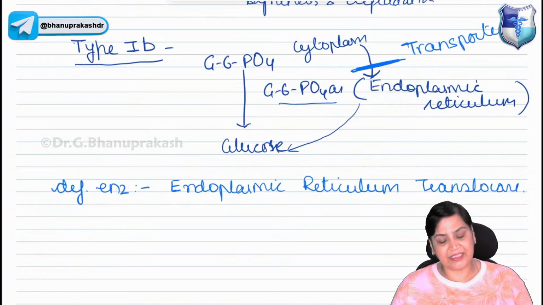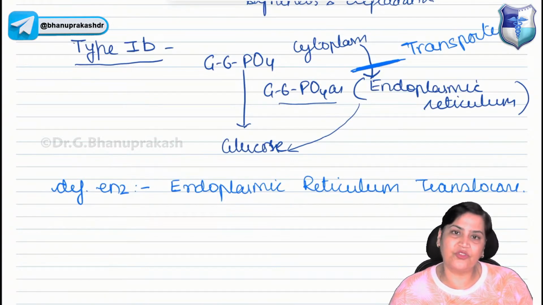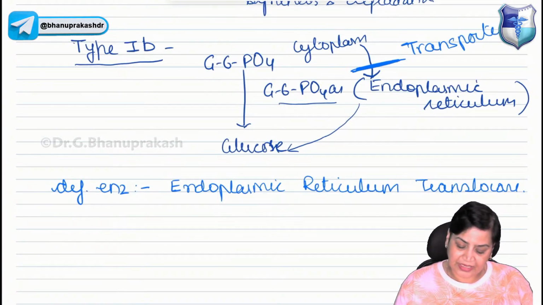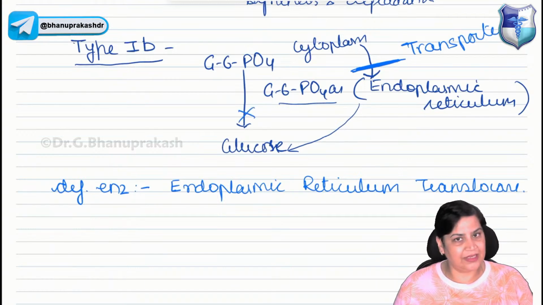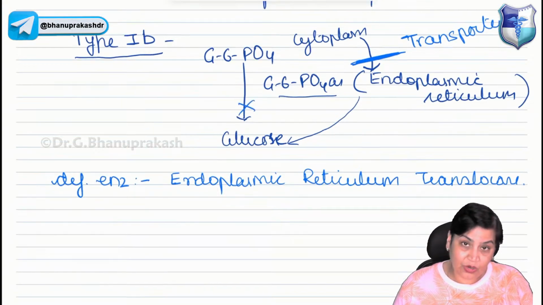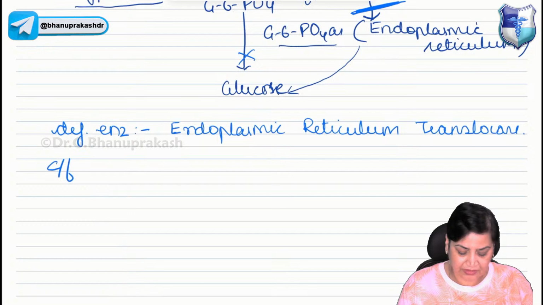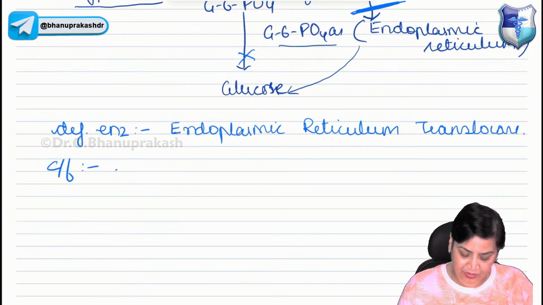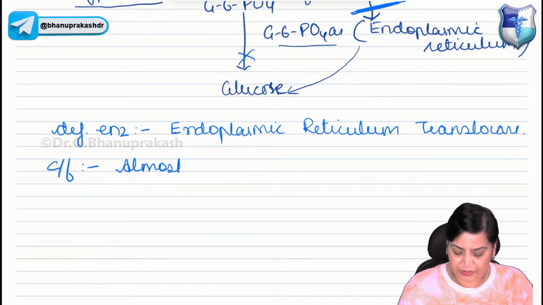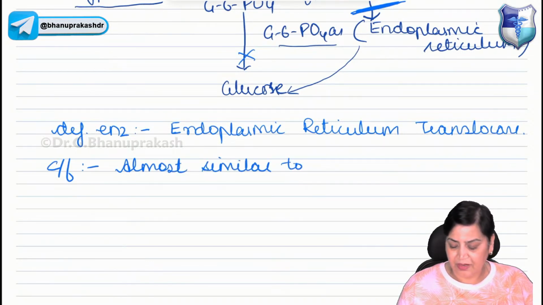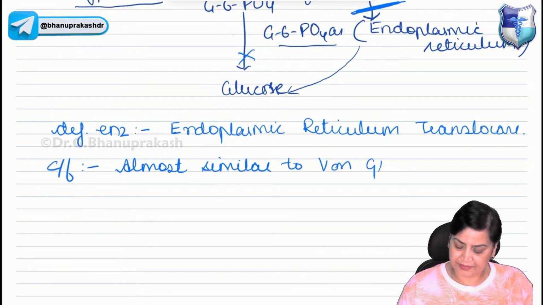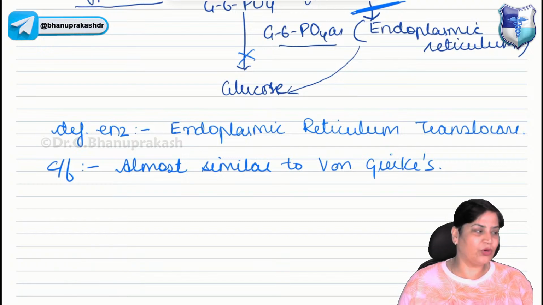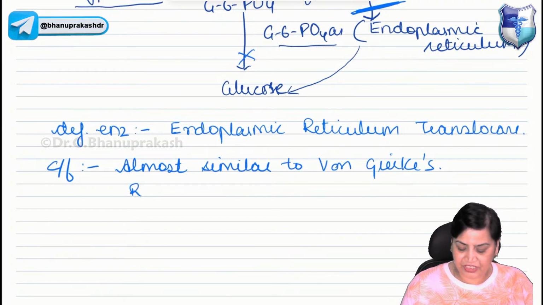So obviously again glucose will not be synthesized. If we talk about the clinical features, they will be almost similar to von Gierke's case. Right, but here there will be one more symptom, that is recurrent infections.